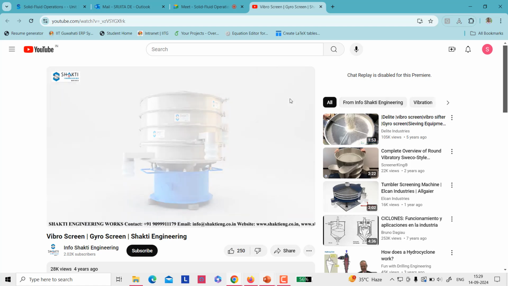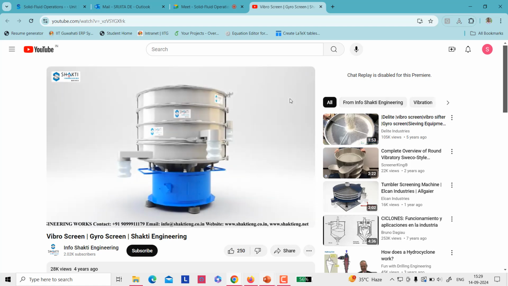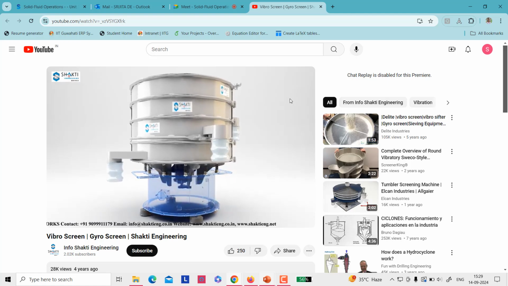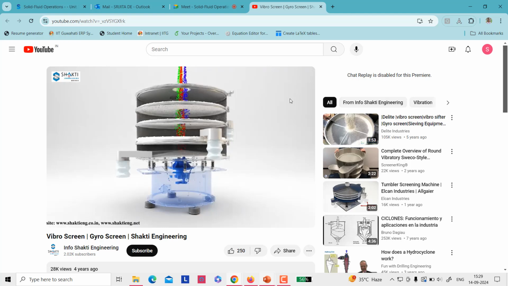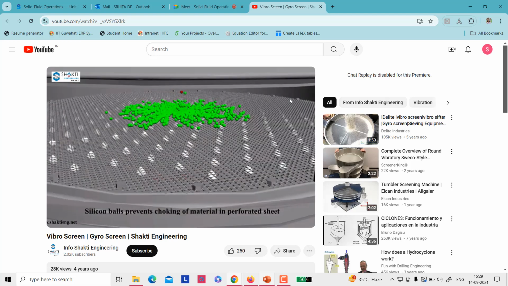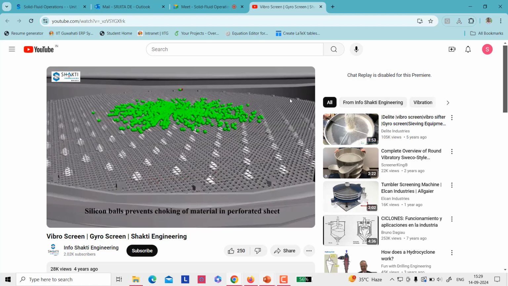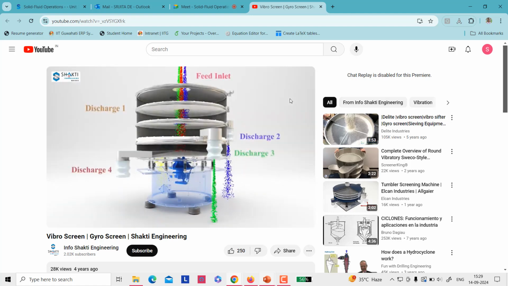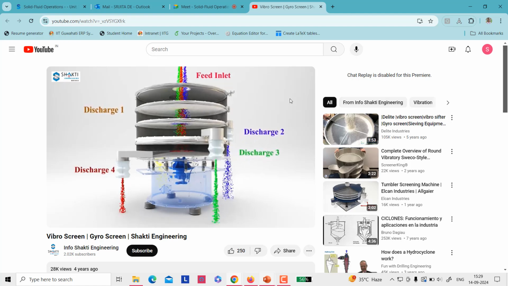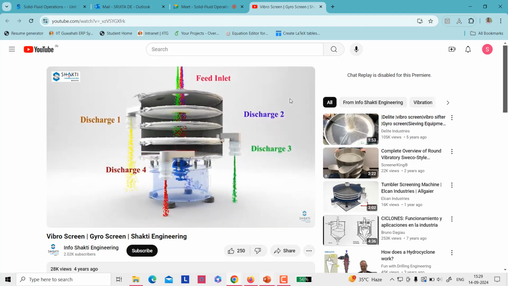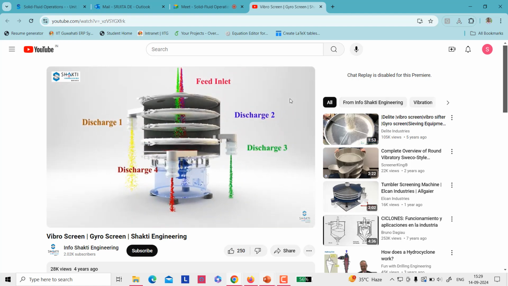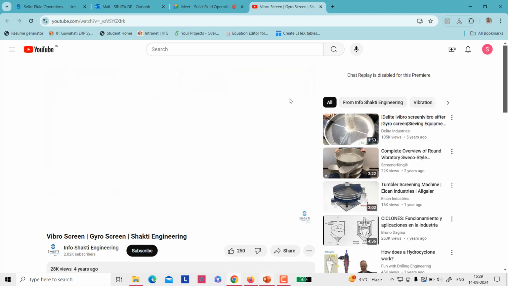Similarly, from the top there is input, and this is the discharge, that may overflow, with oversized and undersized particle discharge. So now all the particles are separated.